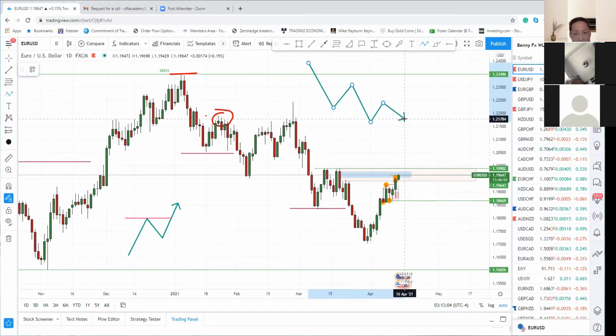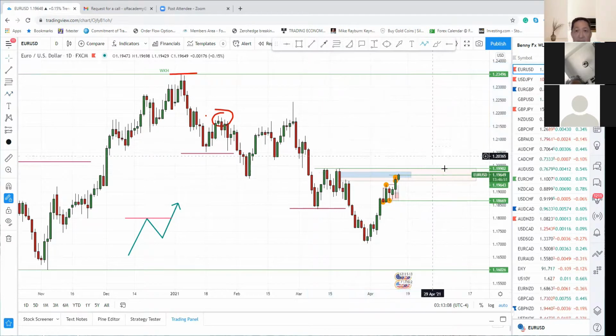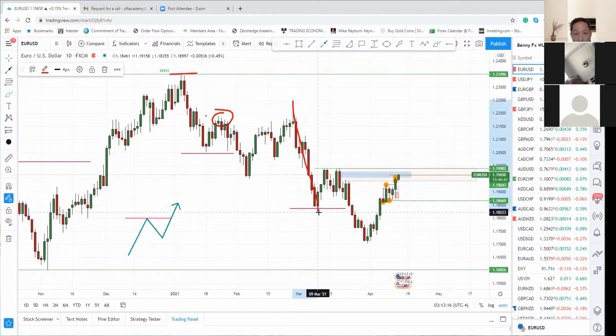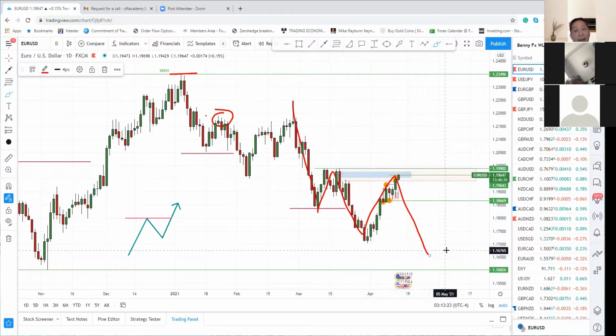If it's in a downtrend, down, right? So the next level after this should be there, and that will fulfill that it is in a downtrend. So daily is in a downtrend so far.